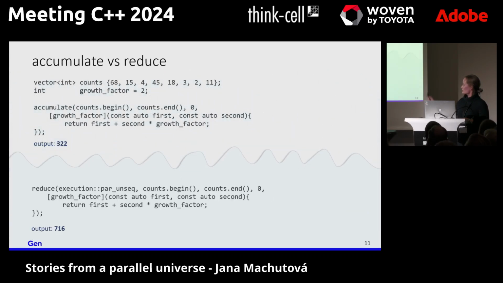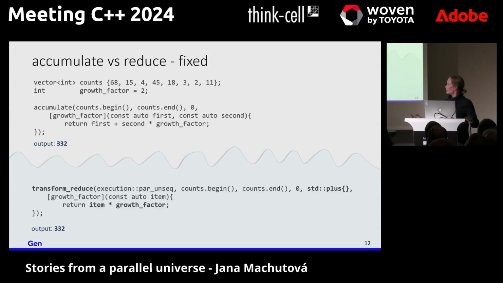So that's the reason to keep both of those algorithms. But we can fix it in this case, and in most cases, I believe, because all of those algorithms have their transform version. So we can put that multiplication in the transform, which will be performed before the reduction.